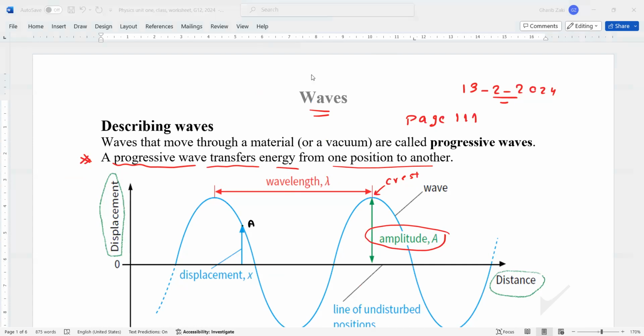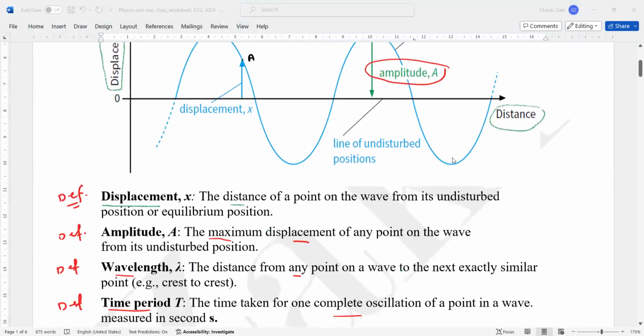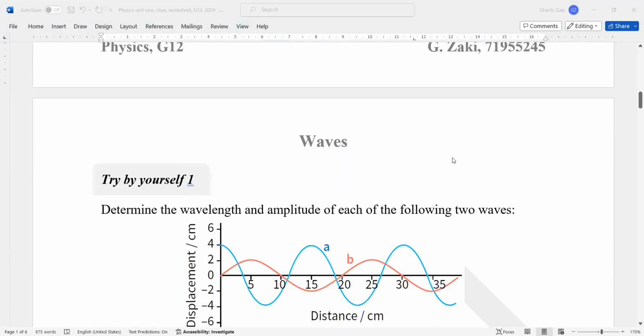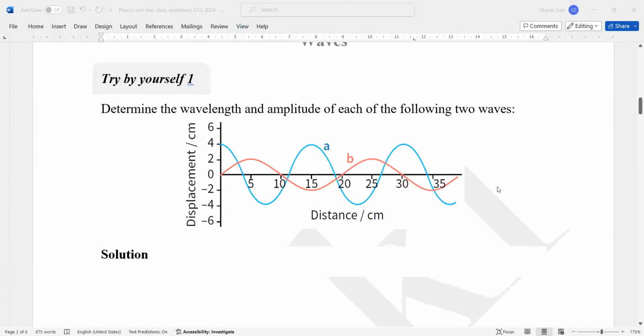Any question? Okay, now we go to this example. Try to solve this example, please. I give you a few seconds to solve. Determine the wavelength and amplitude of each of the following waves. In front of you, we have two waves, wave A and wave B. Try to solve it alone.